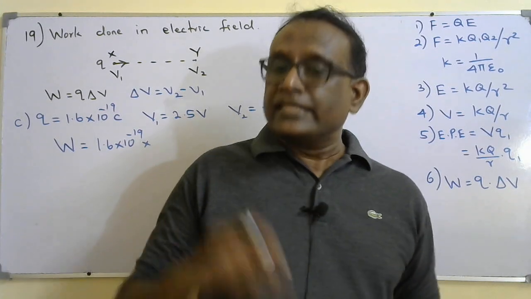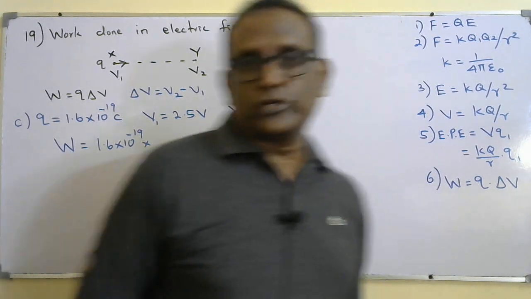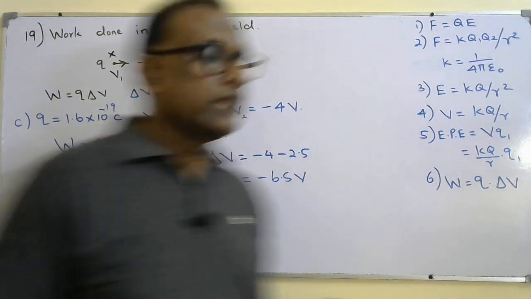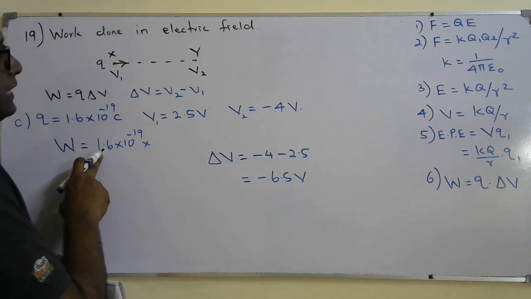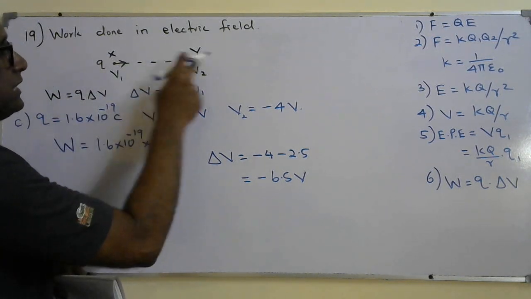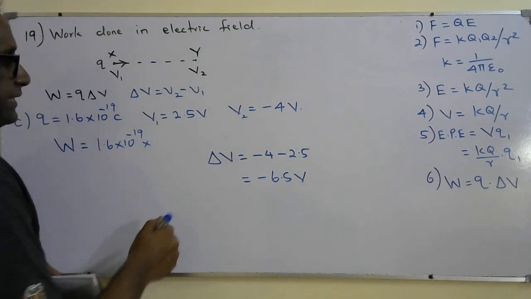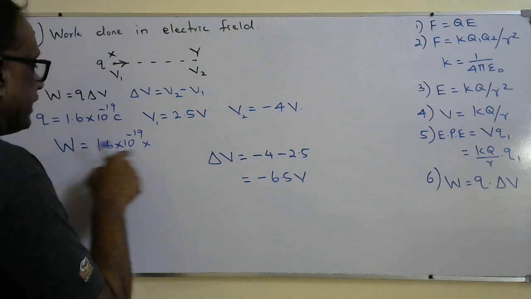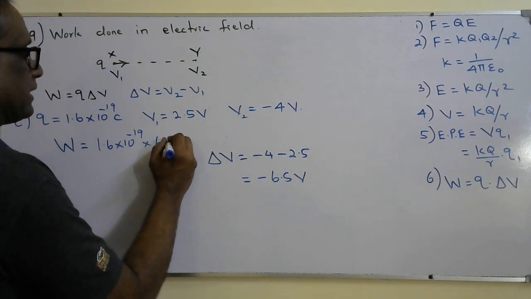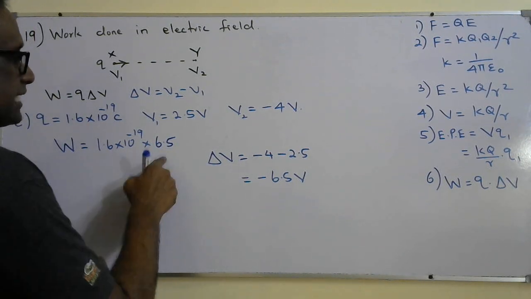We can identify whether it's moving from higher potential to lower potential or lower potential to higher potential. So here I know a positively charged particle is moving from higher potential to lower potential, minus 4. So it's going to gain kinetic energy. How much will it gain? Q into delta V. For delta V, I'll put the numerical value, the modulus 6.5.